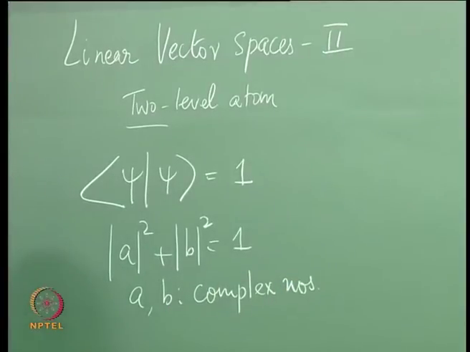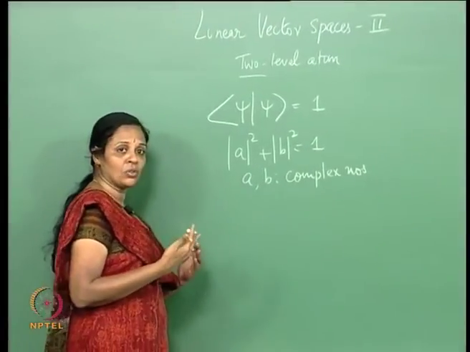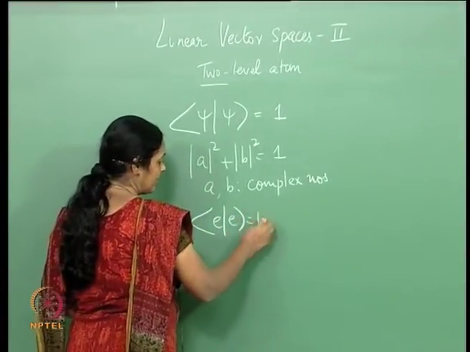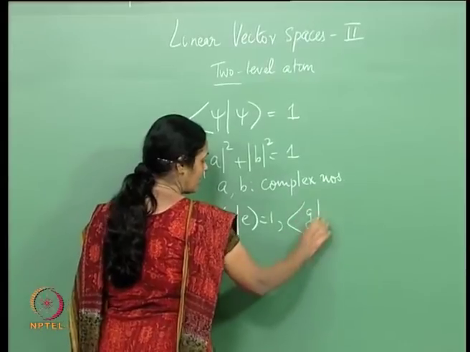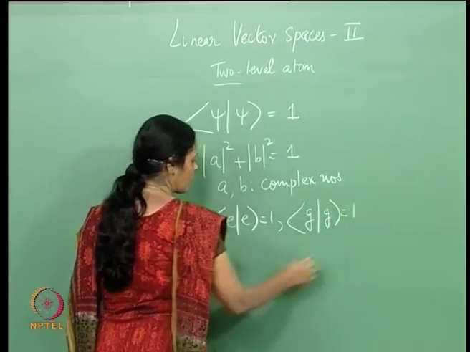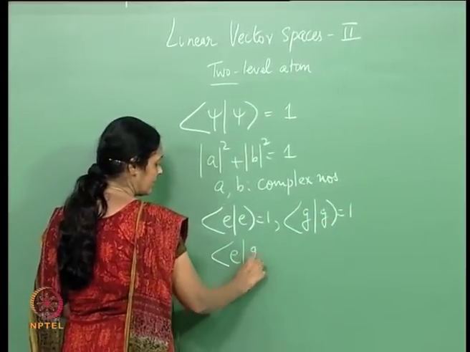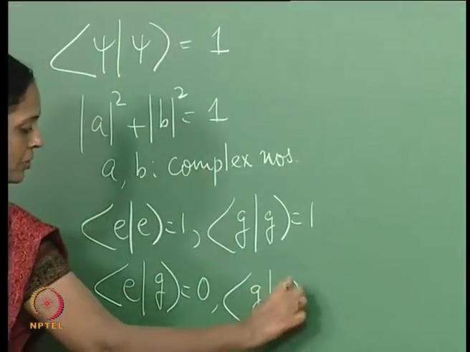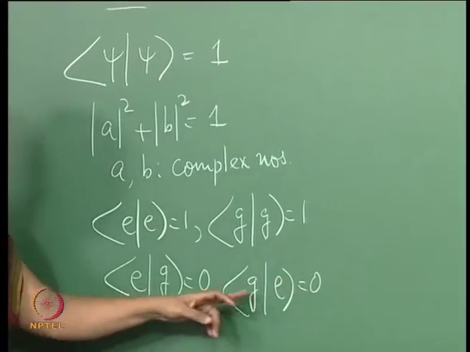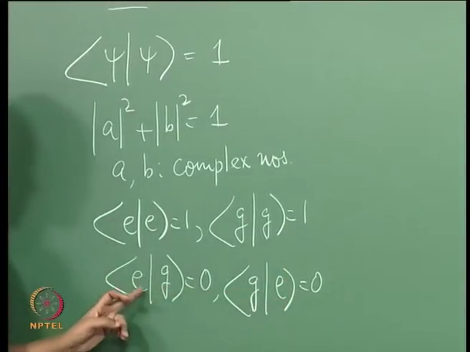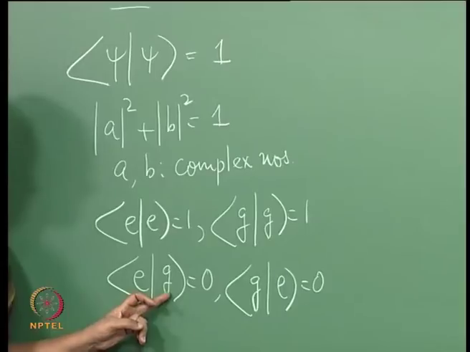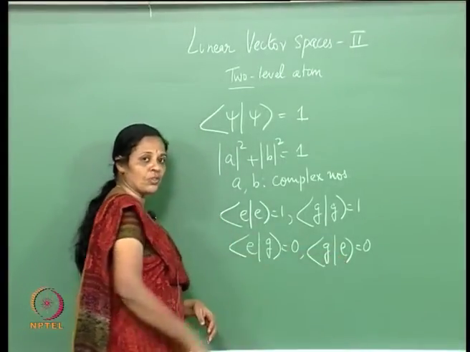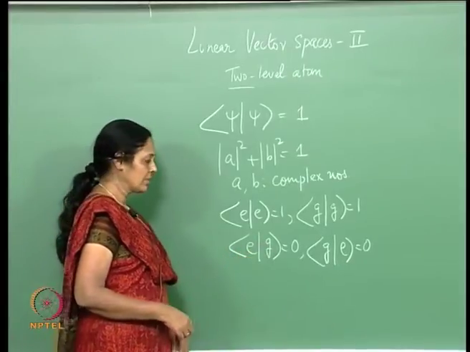Of course, here I have selected orthonormal basis states. This is 1, this is 1, and ket E and ket G are orthogonal to each other. This obviously follows from the fact that this is obtained by simply taking the complex conjugate of this object.